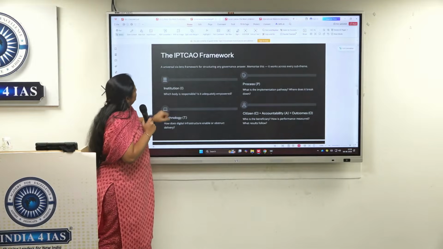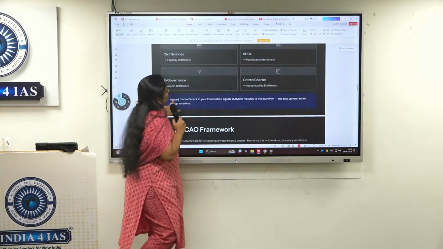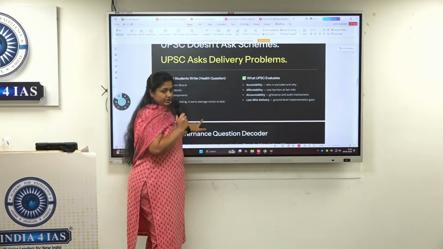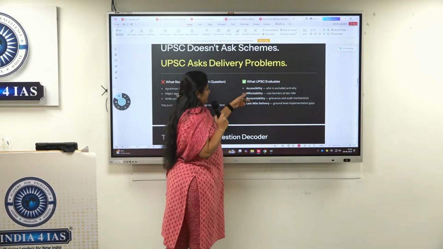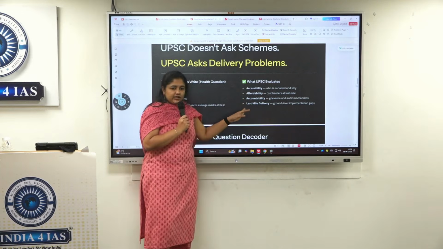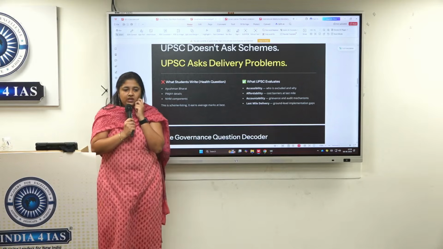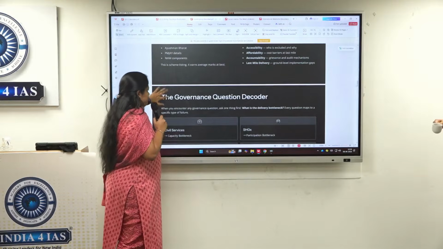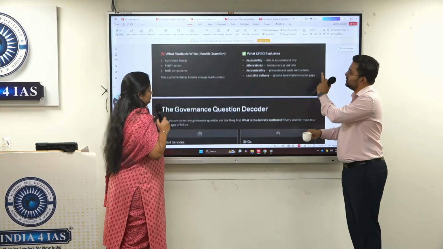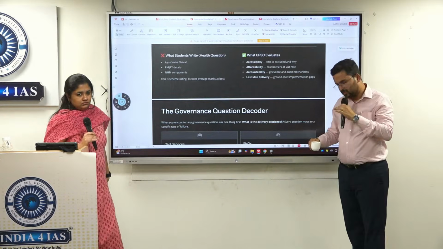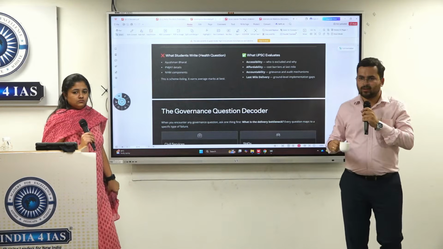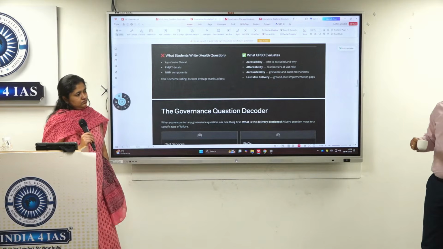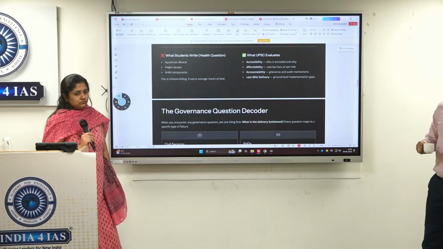Now, this is the fourth component: accessibility, affordability, accountability, and last mile delivery. This will not only help you for governance, but also for ethics, right? On any scheme, around these 4 lanes you have some basic material. You will anyway have 4 points on your own, another 3-4 points from this angle, then that's enough.